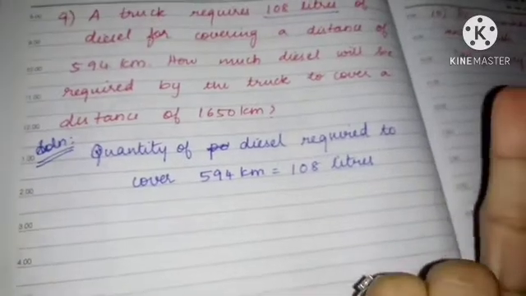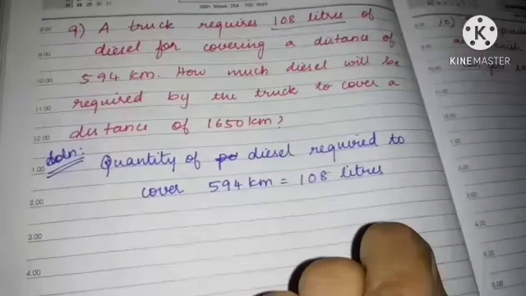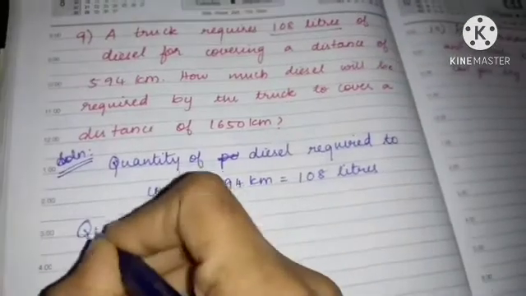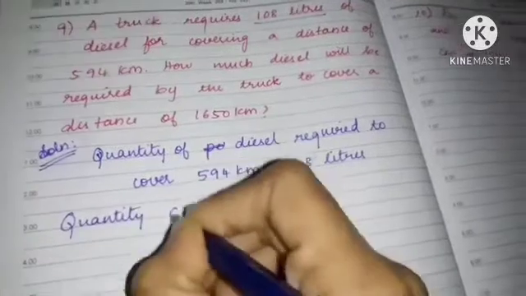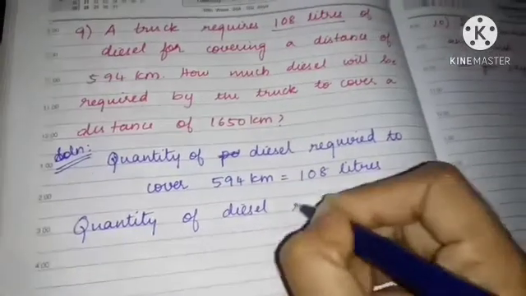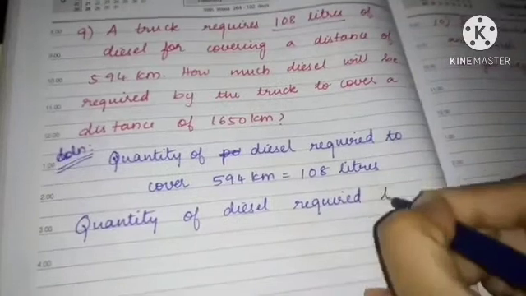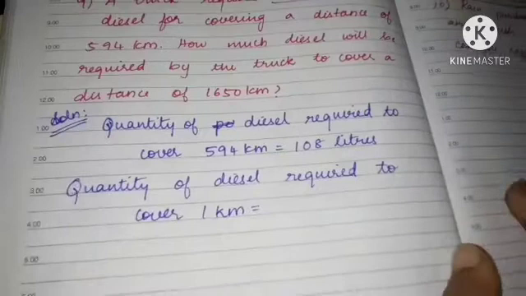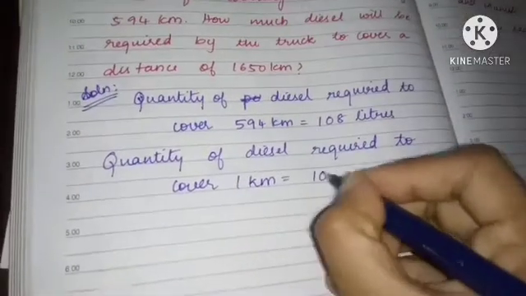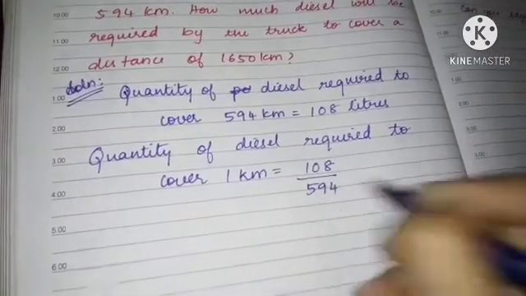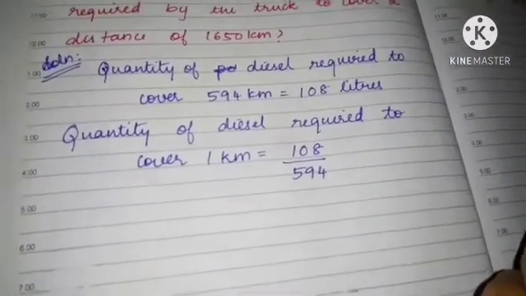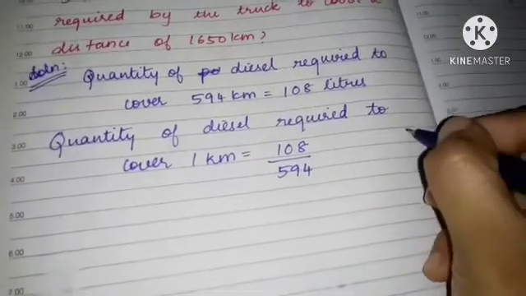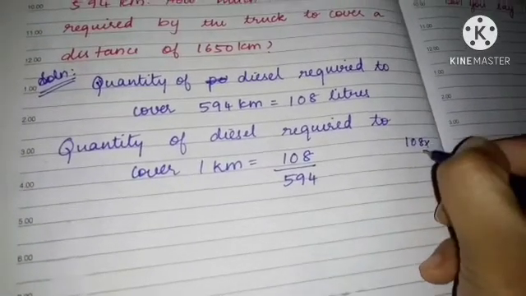So if you want to find for 1650 kilometers, we can find for 1 kilometer as usual. Quantity of diesel required to cover 1 kilometer is 108 divided by 594. Can we cancel it, or can we directly go to the problem? Let me check it.